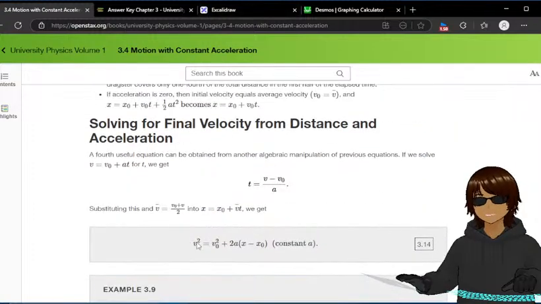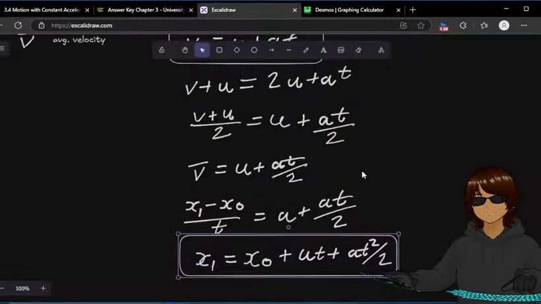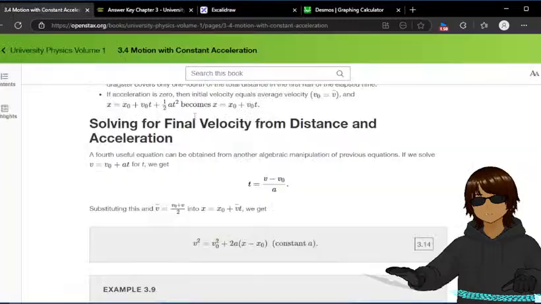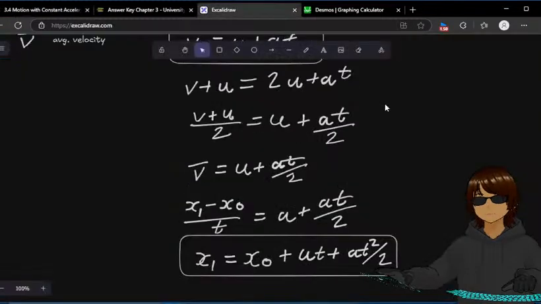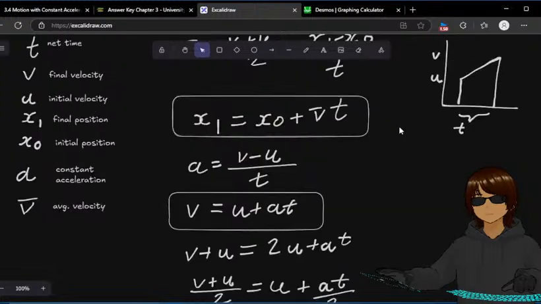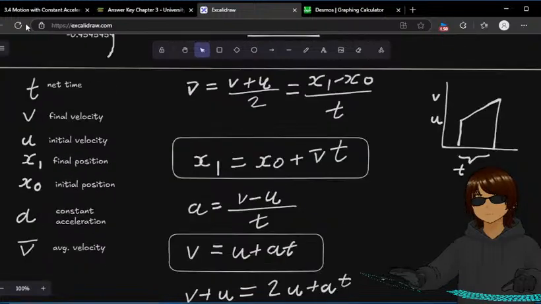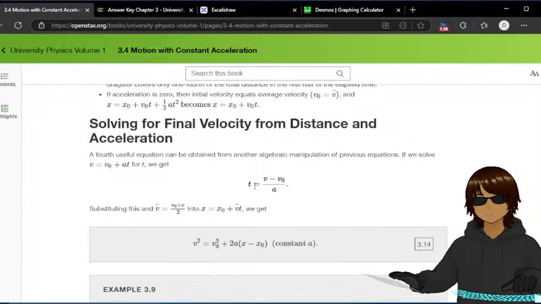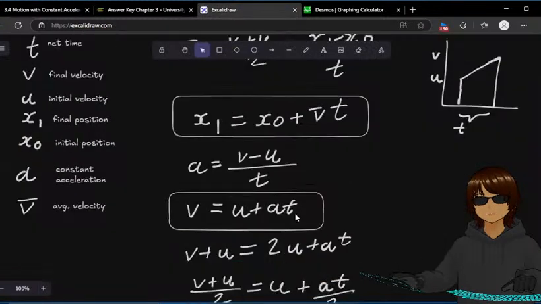Then lastly, we have this one, where we got rid of t, right? t is equal to v minus u over a from this.